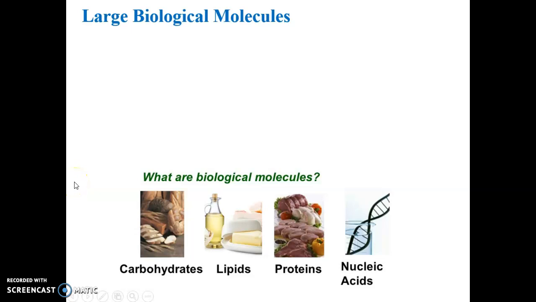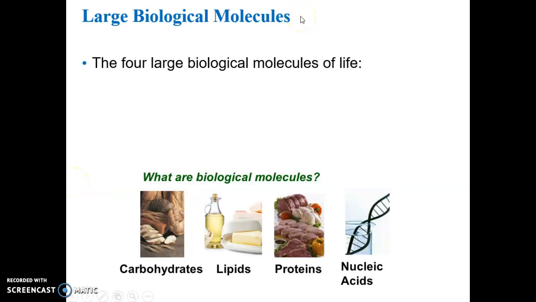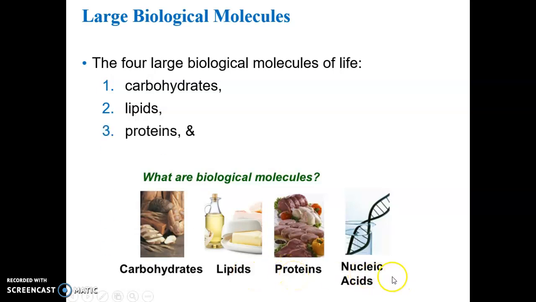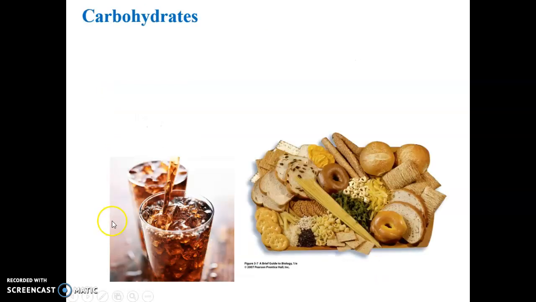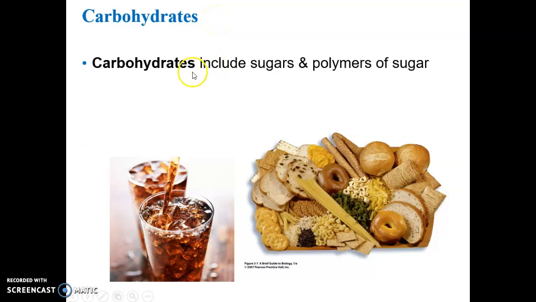And okay, so let's get to the large biological molecules. The 4 large biological molecules, again, are carbohydrates or sugars, lipids or fats, proteins, and then the nucleic acids, all carbon-based molecules. So we'll start with carbohydrates, carbs, also called sugars.